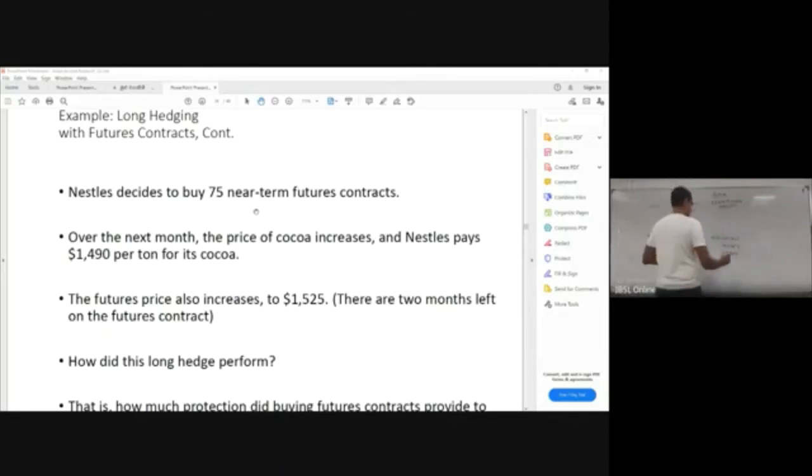So if you add these up, they will only lose 3,750.